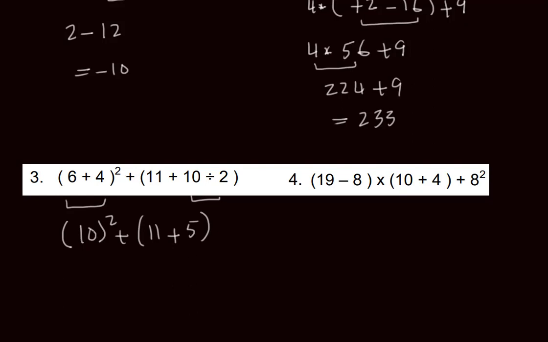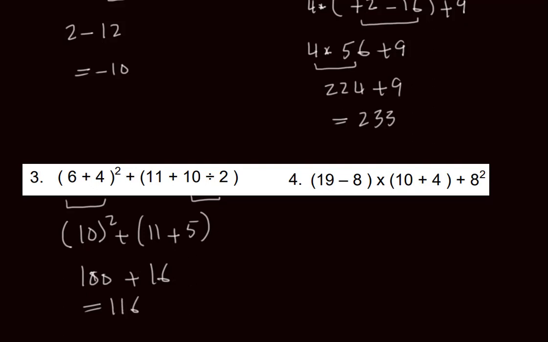So 10 to the power 2 is similar to 10 times 10, which is 100. Plus 11 plus 5 is 16. So if we add the two numbers, we get 116.